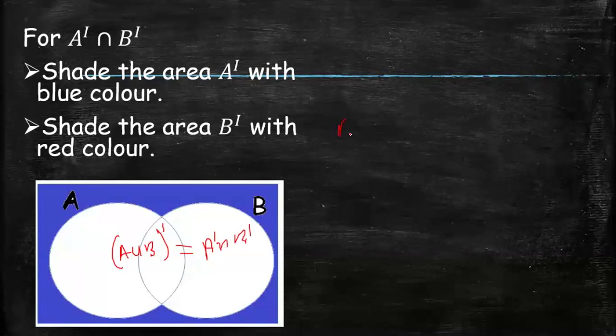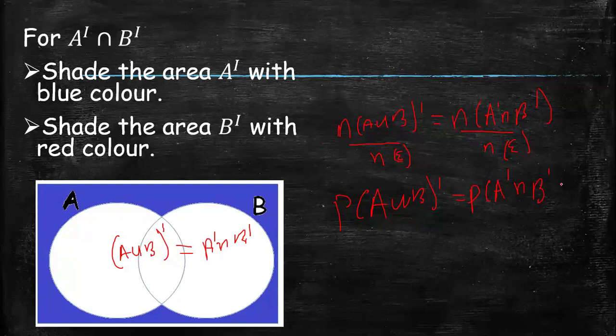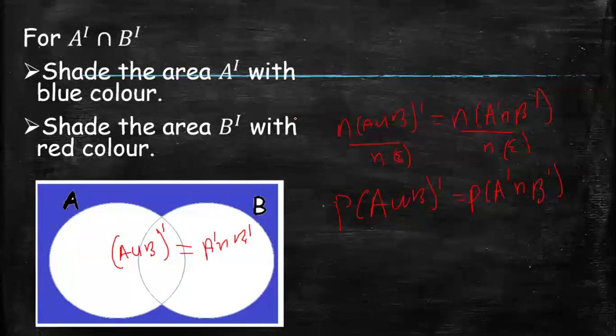So we say that the number of A union B complement is the same as the number of A complement intersection B complement. When we divide by the number of the universal on both sides, this gives us probability of A union B complement equaling probability of A complement intersection B complement. So that is what I've just written.